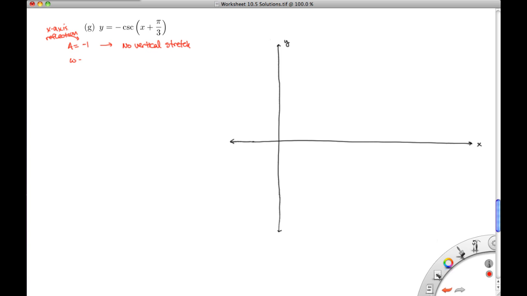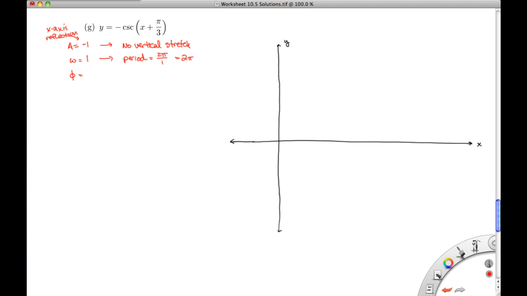Our omega is just 1, so the period of the cosecant is 2 pi, so the period is going to be 2 pi divided by our omega, which will just be 2 pi, so no change.